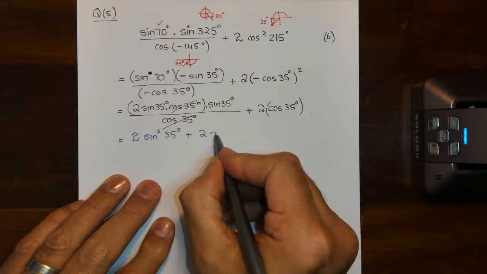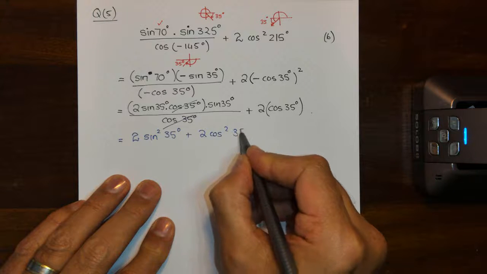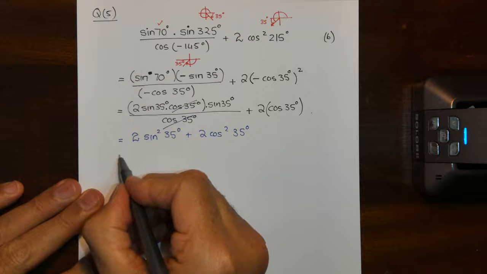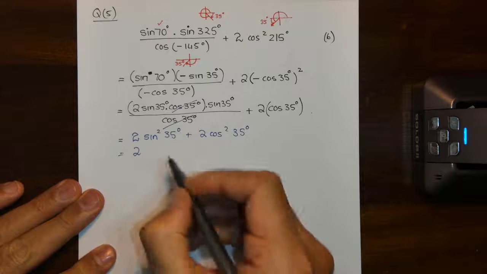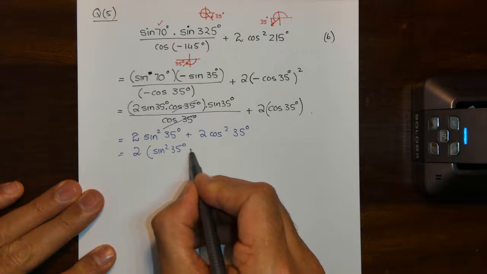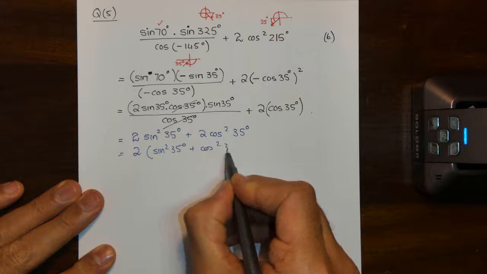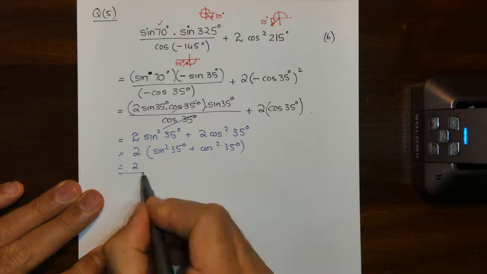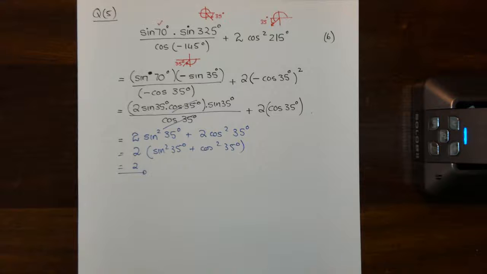Plus twice the cosine squared of 35 is what's left in the second term. And you can see, if you remove the 2, you have left sine squared 35 degrees plus cosine squared 35 degrees. And for all intents and purposes, that is 1. So there we go. You have your result as 2.